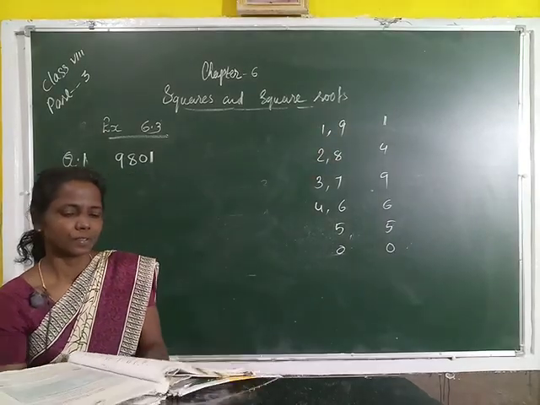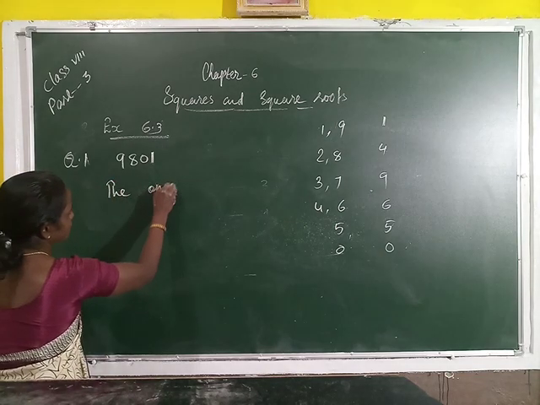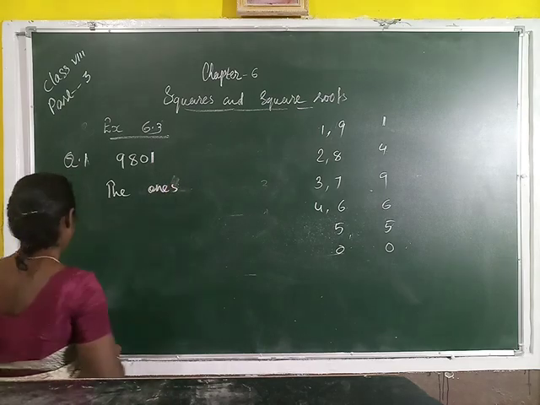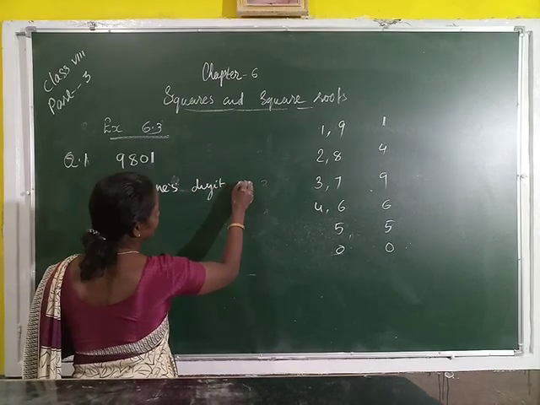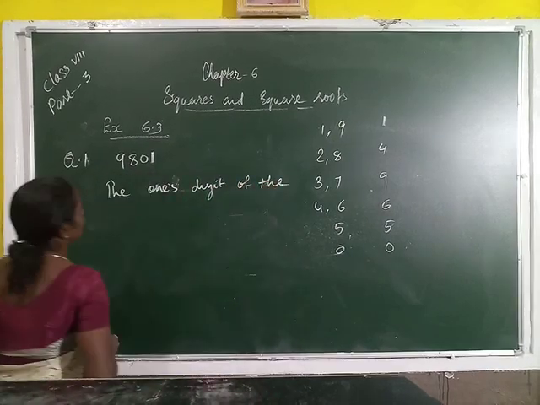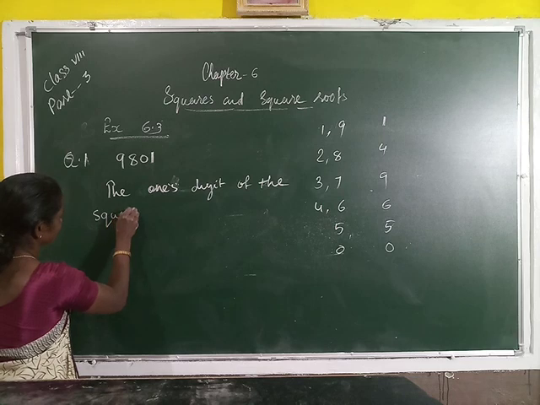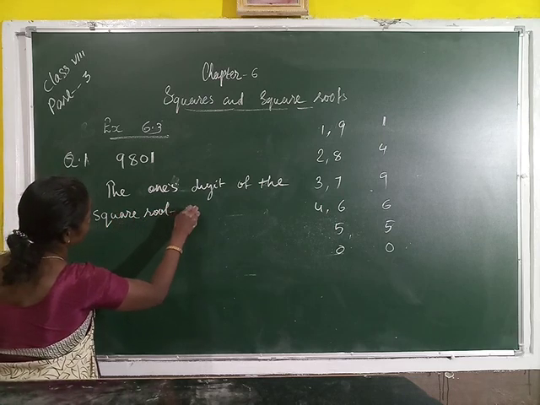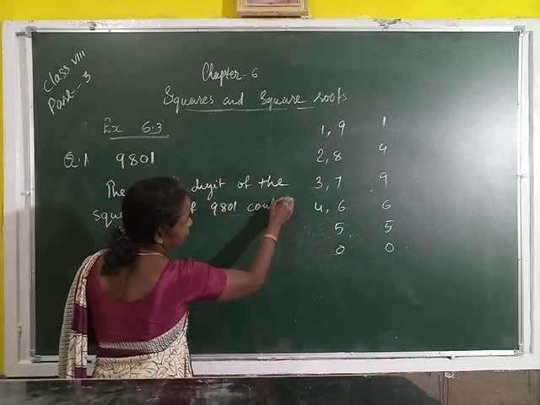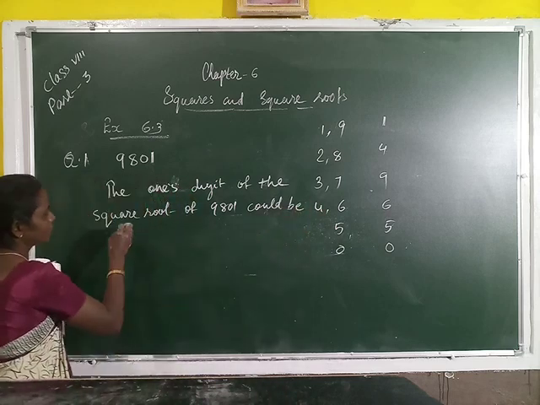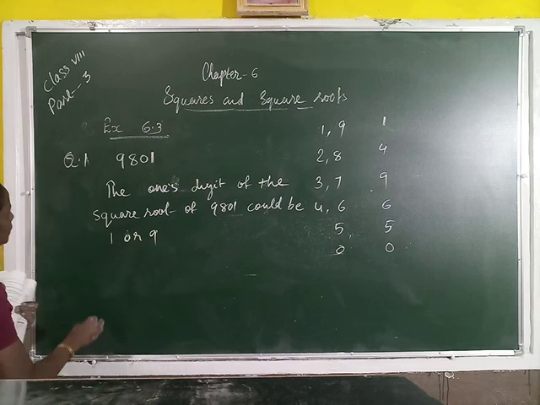So we can write the ones digit of the square root of 9,801 could be 1 or 9.